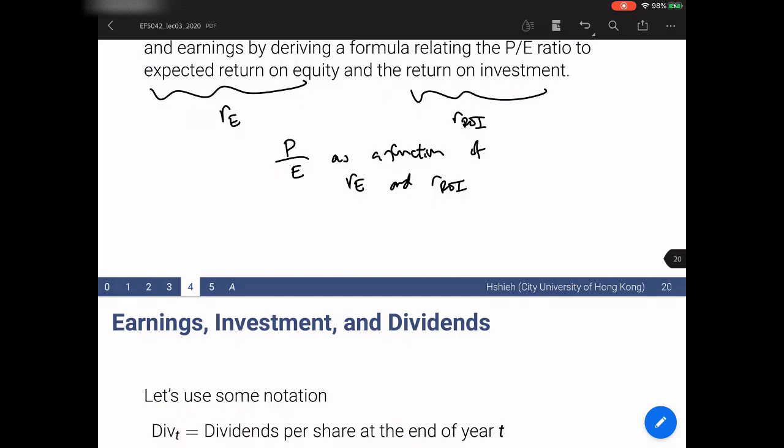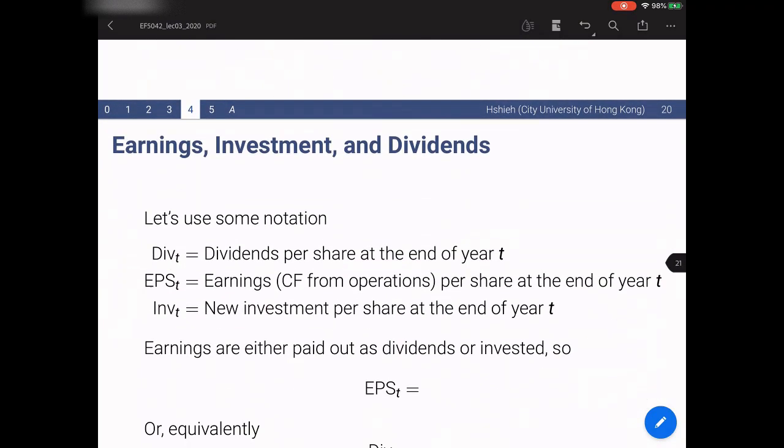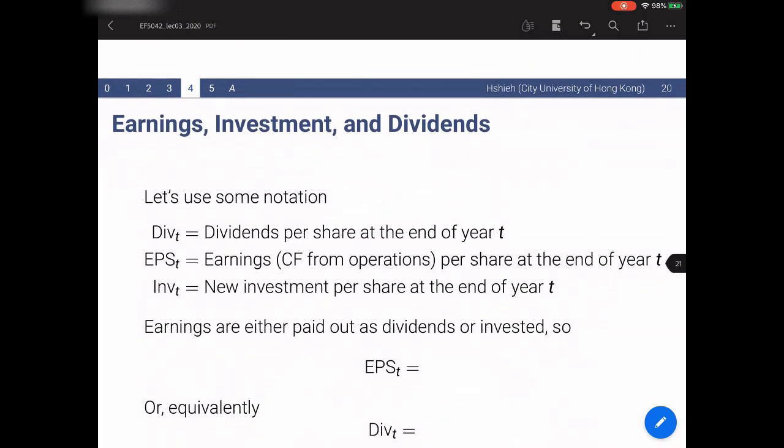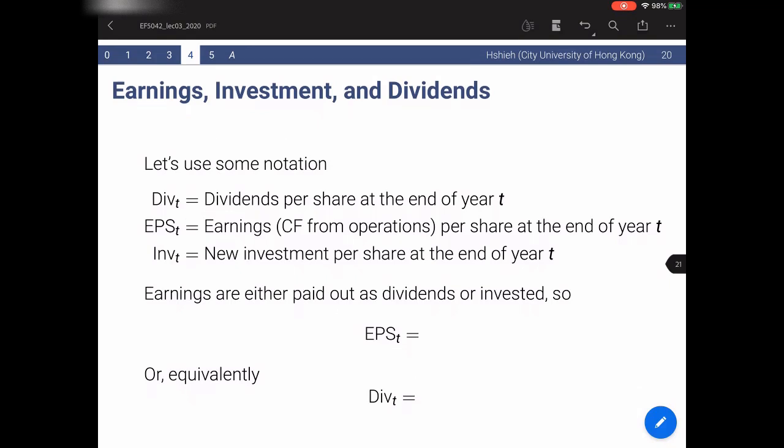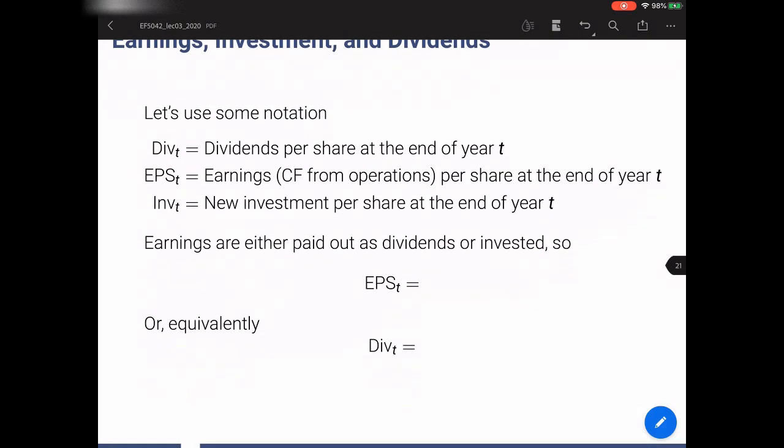Okay, so let's use some notation first. So far you should be familiar with div and EPS. Div I'm just going to represent as dividends per share at the end of year T. EPS is earnings or cash flow from operations per share at the end of year T. INV is a new parameter I'm introducing, and INV T represents new investment per share at the end of year T. So earnings are either paid out as dividends or investments.